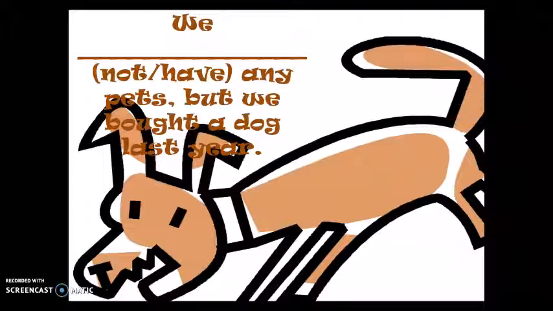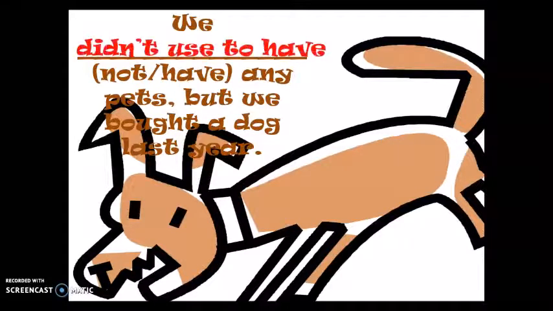We not have any pets, but we bought a dog last year. So the complete sentence here is correct. We didn't used to have any pets. Remember, any is another structure to say that there's nothing.